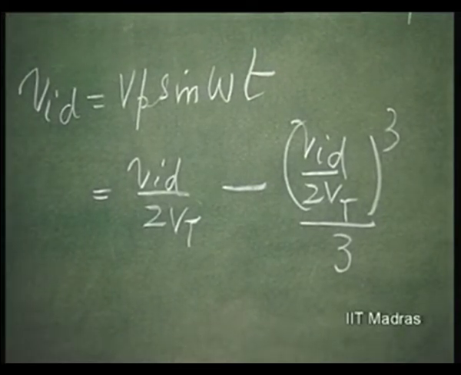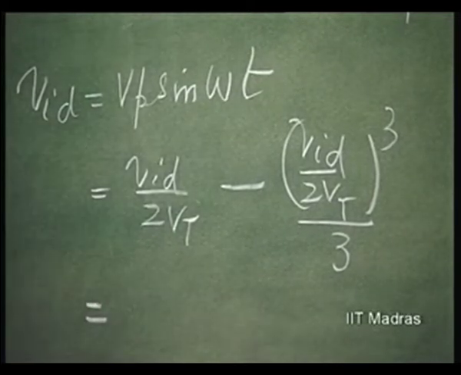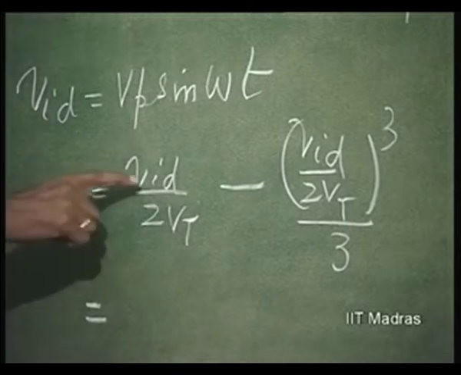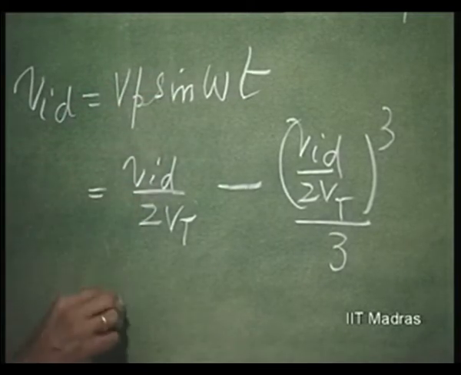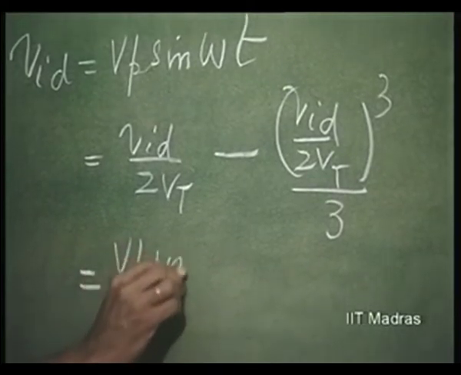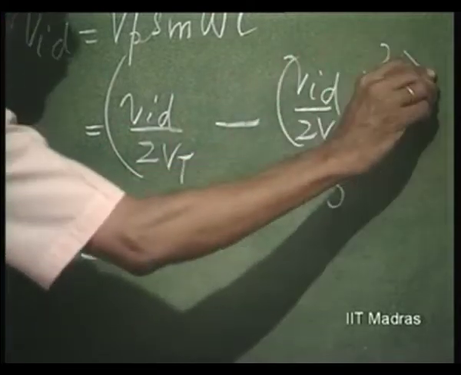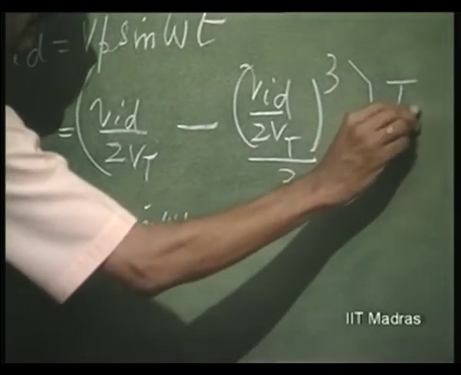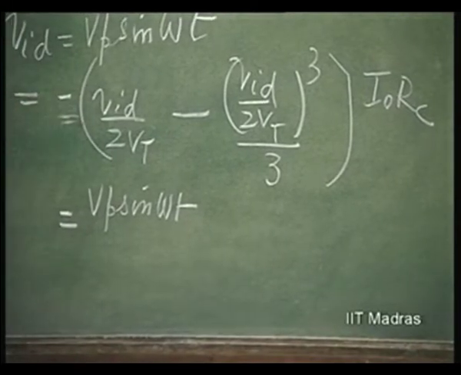The other factors are going to be ignored. So, if we now consider Vp sin omega t as VID, this whole thing into I naught RC with a minus sign is the output. Right?